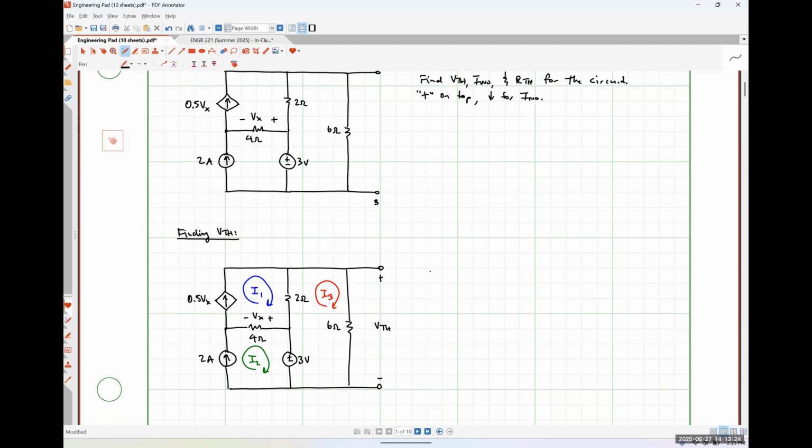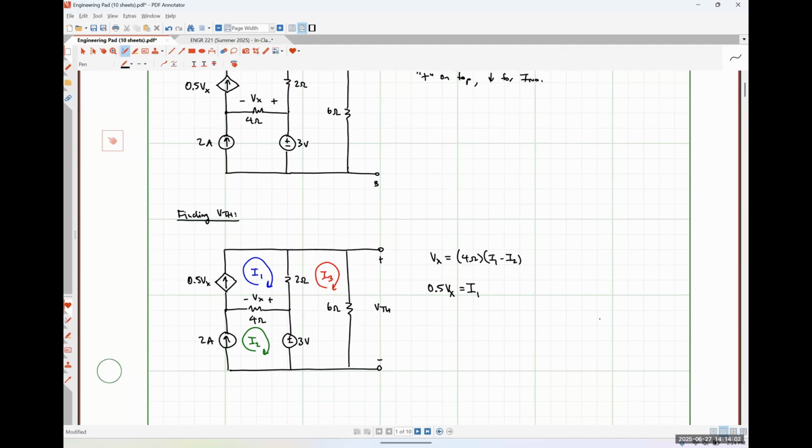Let's see. Our controlling variable relationship is going to be Vx is equal to 4 ohms times I1 minus I2. Just to remind you guys, it's I1 minus I2 because I1 is flowing into the positive polarity terminal of Vx, and I2 is flowing into the negative polarity terminal. Then I'm going to have my current relationship equations. So that's going to look like 0.5 Vx is equal to I1.